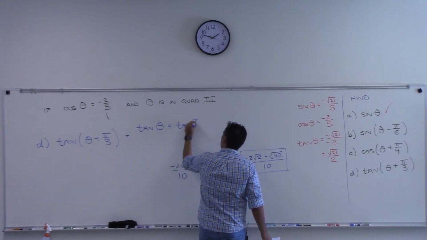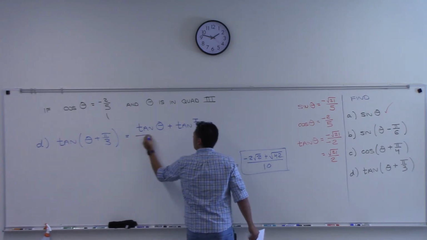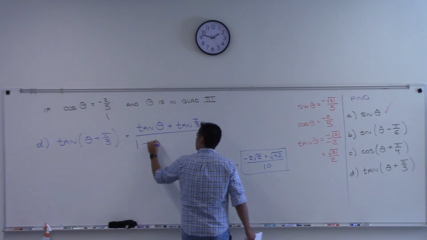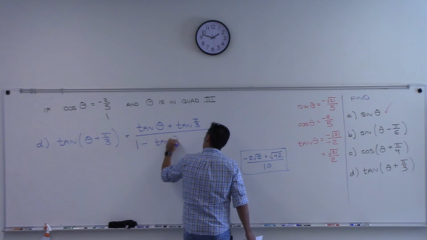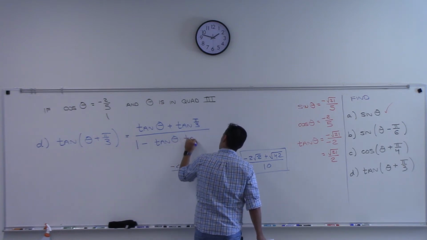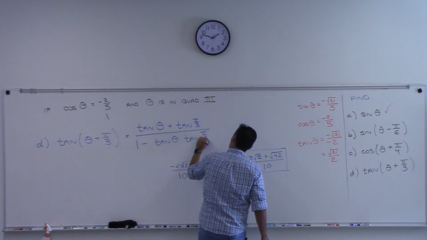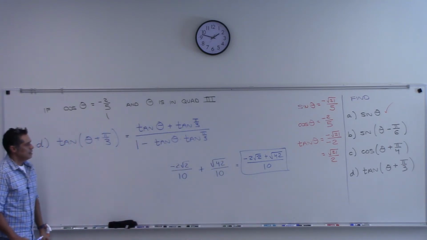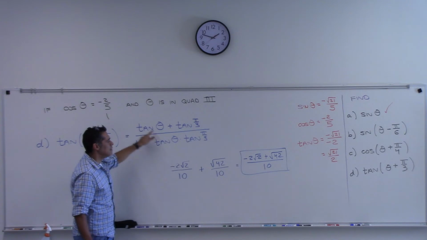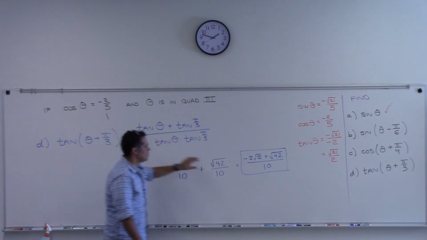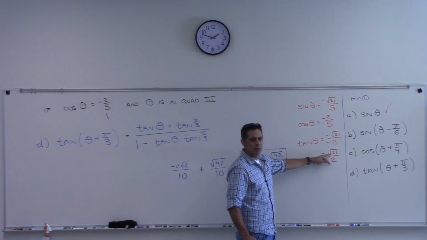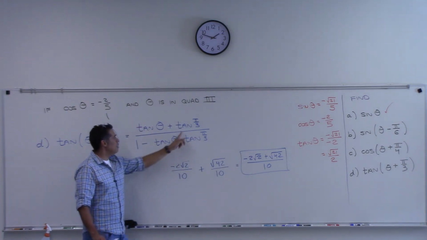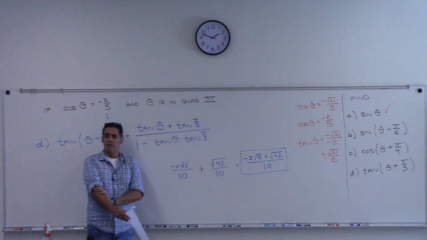Pi over 3. And then over 1, and then minus tangent theta times tangent of pi over 3. Do you know what tangent of theta is? Yes, it's √21/2. Right, so you put that here, you put that here. And then do we know what tangent of pi over 3 is?